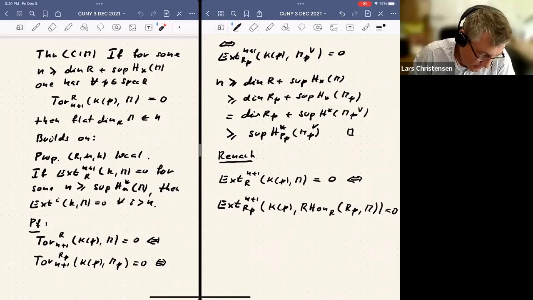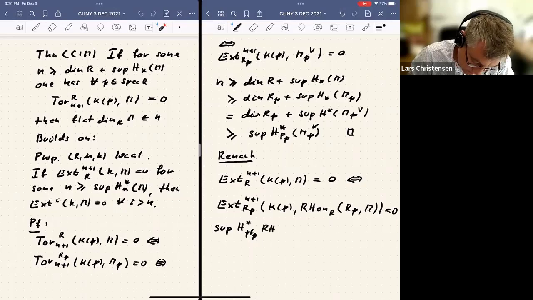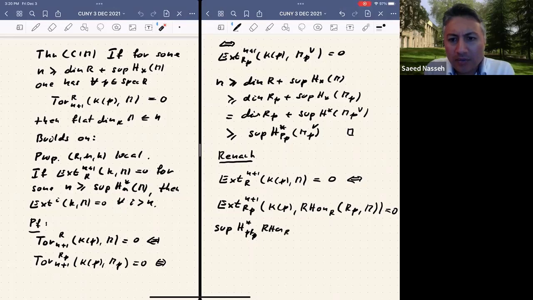Well, the problem with that is that what can I say about the local cohomology of this co-localization? Excuse me, Lars. Yes. Is this statement in the remark for every P, if and only for every P, or for the same?